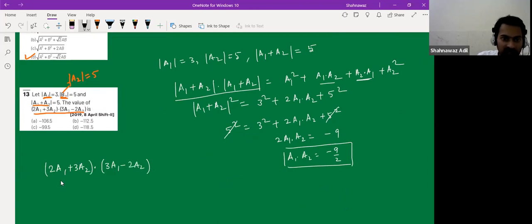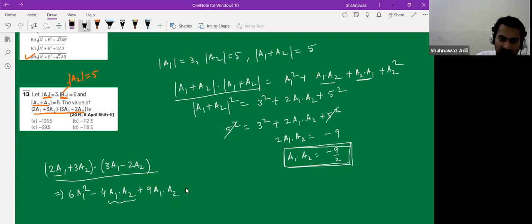So this would be 2 times 3 is 6 A1 square, and then 4 A1 dot A2, which is where this quantity was needed. And then you have 9 A1 dot A2, and then 6 A2 square.